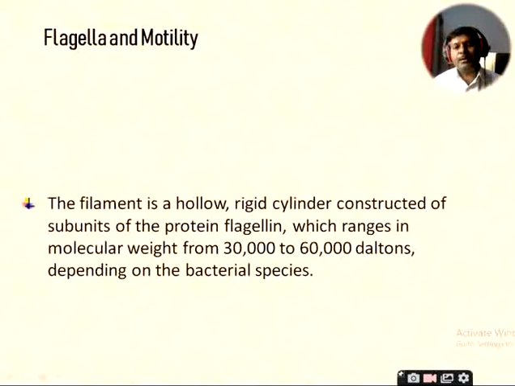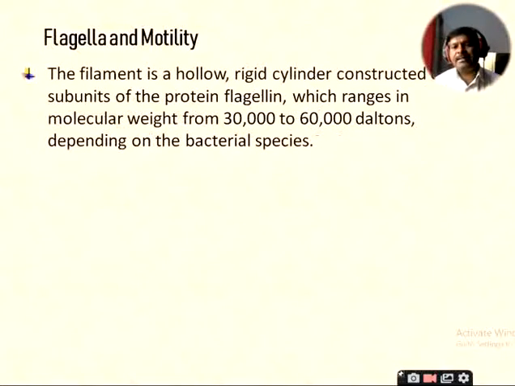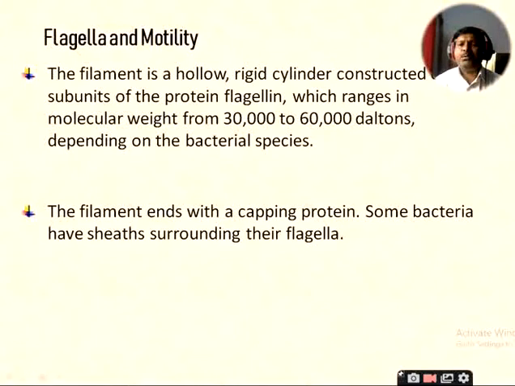Now the filament is a hollow, rigid cylinder constructed of subunits of the protein flagellin, which ranges in molecular weight from 30,000 to 60,000 Daltons depending upon the bacterial species. The filament ends with a capping protein.